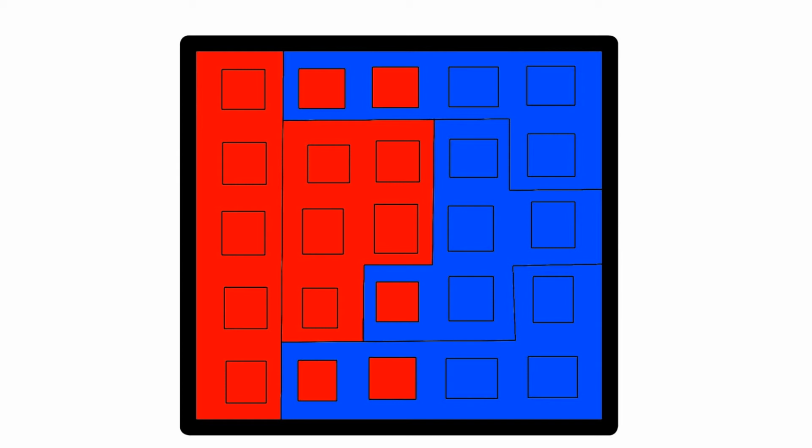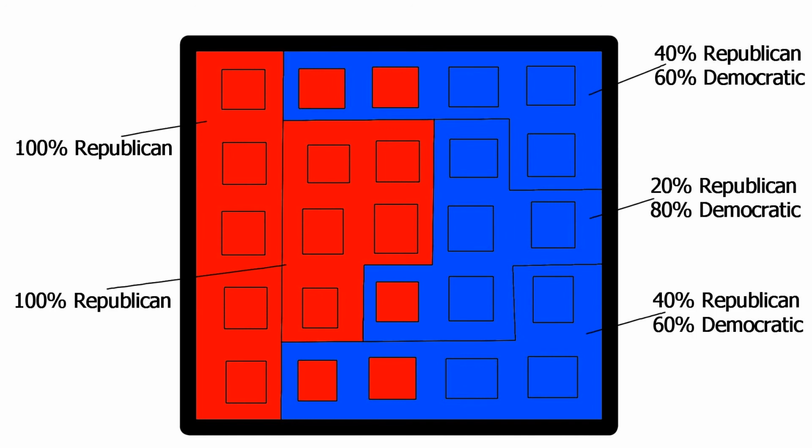This scenario is actually a fantastic representation of the 2 main principles we find in gerrymandering: packing and cracking. Packing is what we can see in the 2 Republican districts.